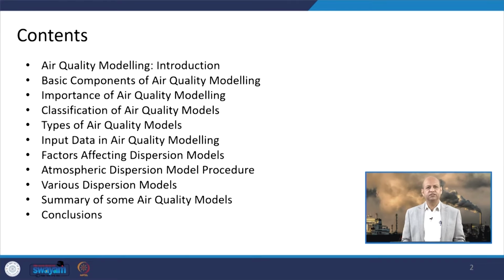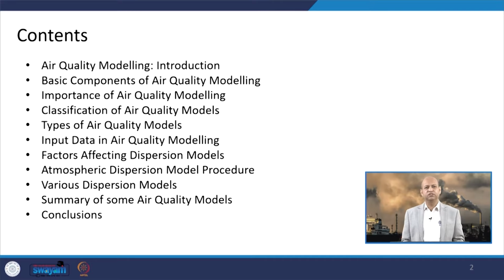In this particular lecture we will consider a brief introduction about air quality modeling, what air quality modeling is, why it is used, and then the basic components of AQM, that is air quality modeling, and its importance.